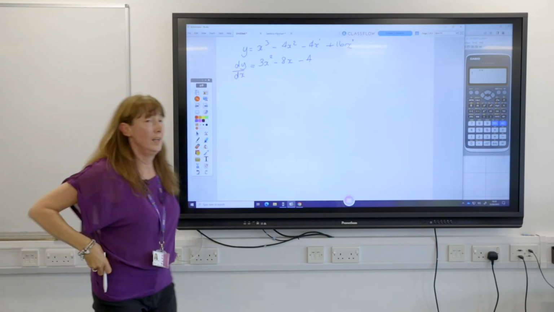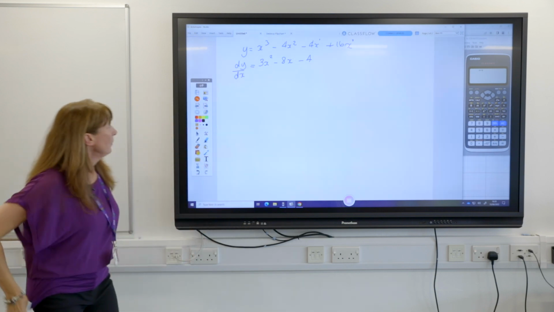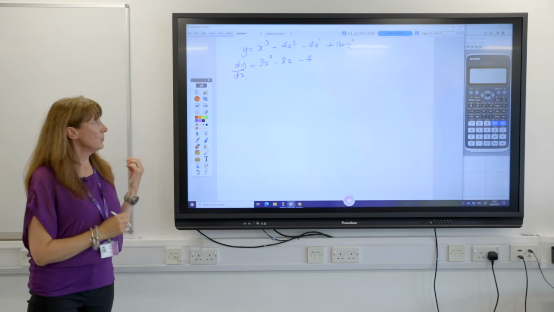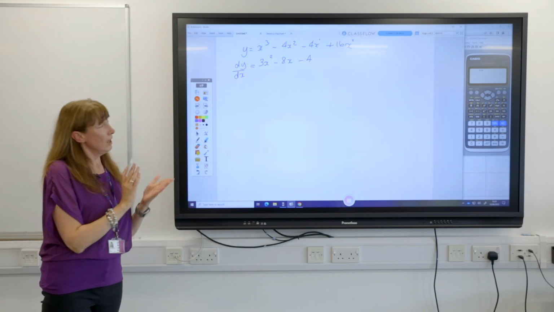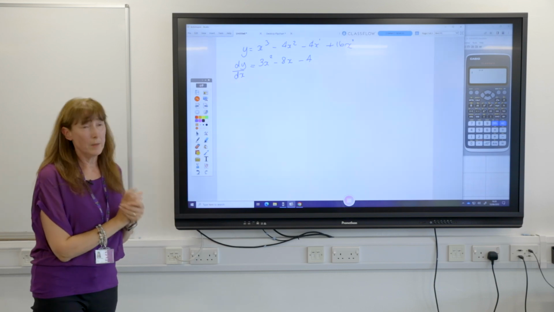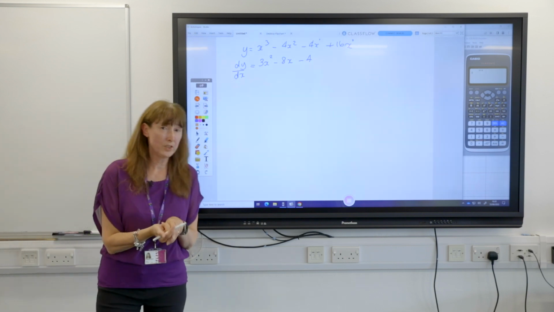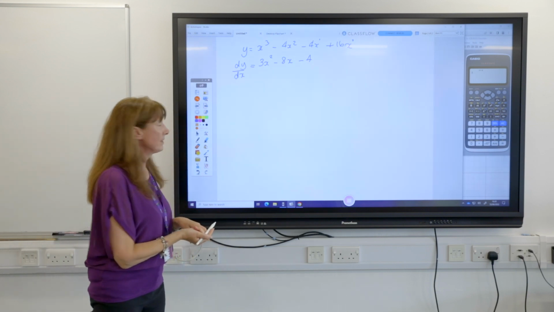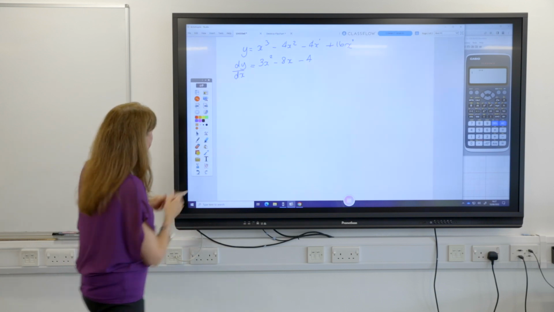So we now have a gradient function. And we can use that gradient function to work out where our maximum and minimum points are. Because we've just said at the maximum and minimum points, the gradient is 0.